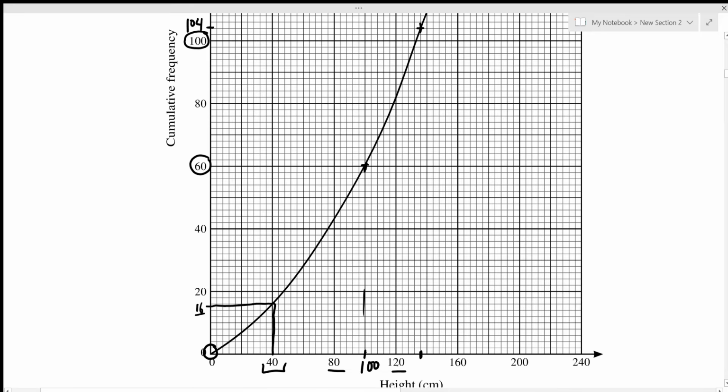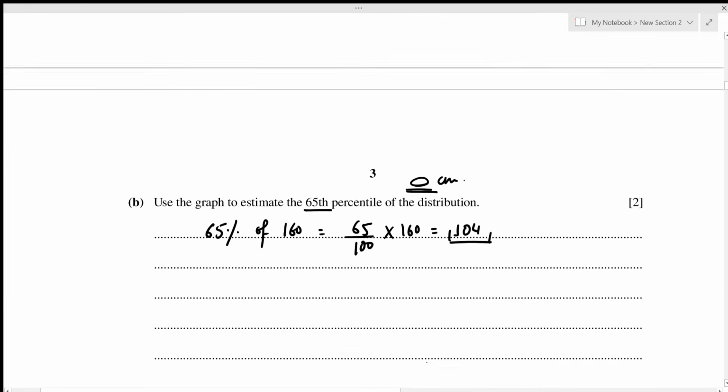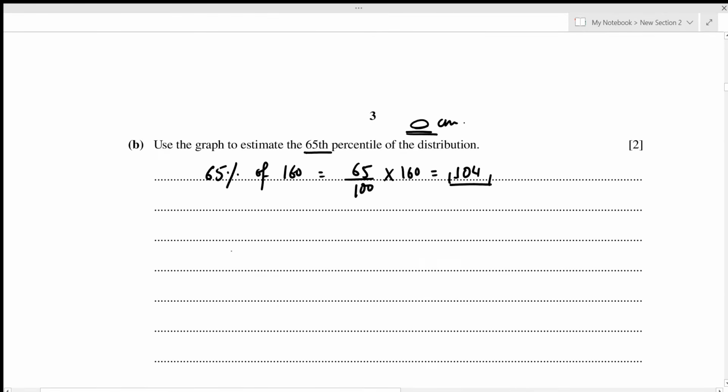We know that here is 120, here is 160, which means that this point is going to be 140. And this is the fourth point in between 120 and 140, which means that the required height will be 136. So that is going to be the 65th percentile of the distribution.